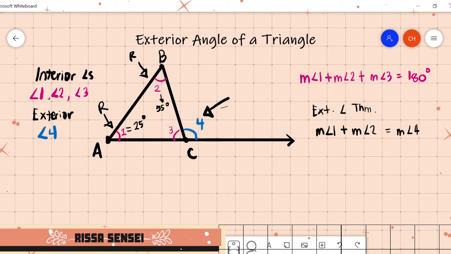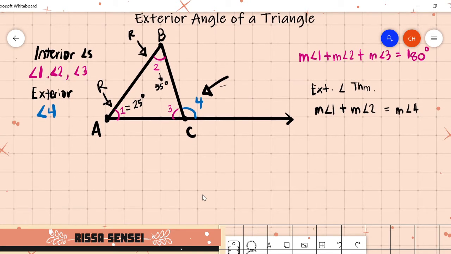Ano kayang sukat ng angle 3? We need to find... okay. The measure of angle 1 is 25 degrees. The measure of angle 2 is 55 degrees. What do you think is the measure of angle 3?